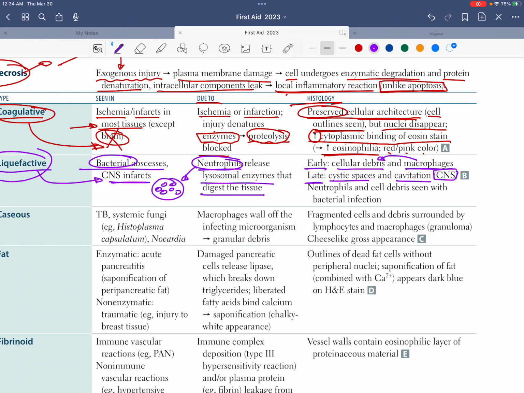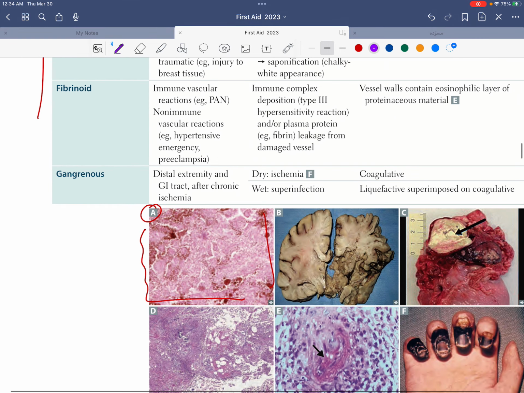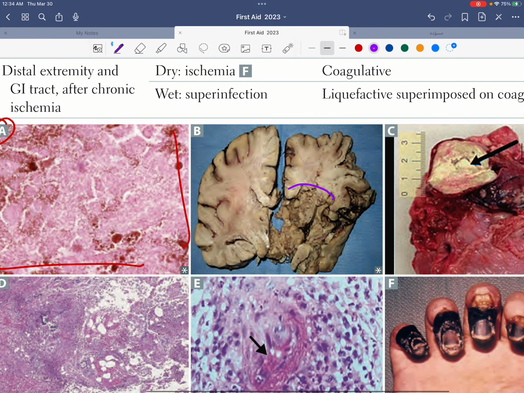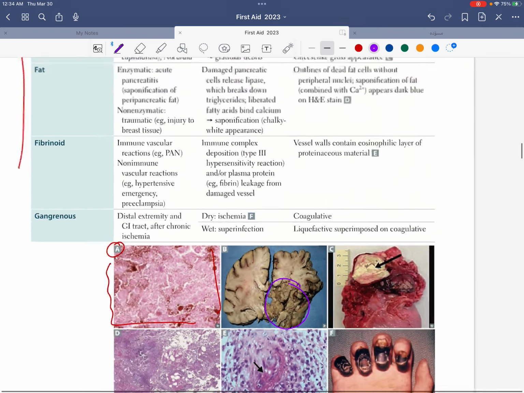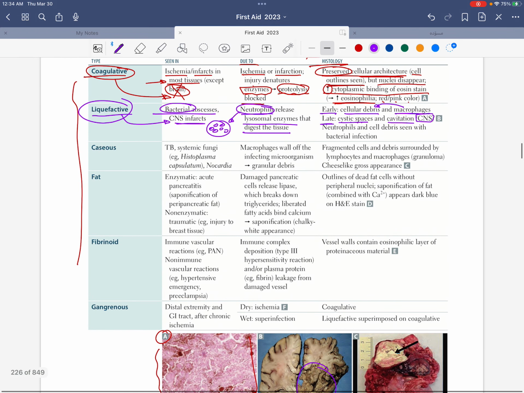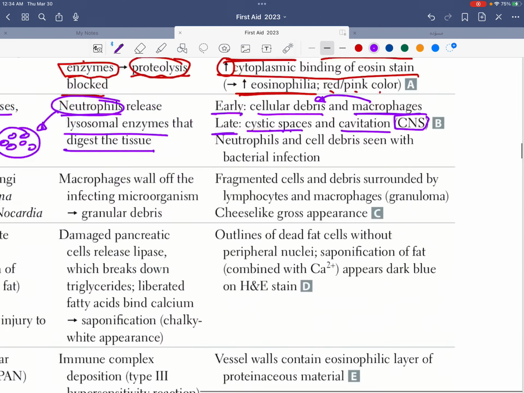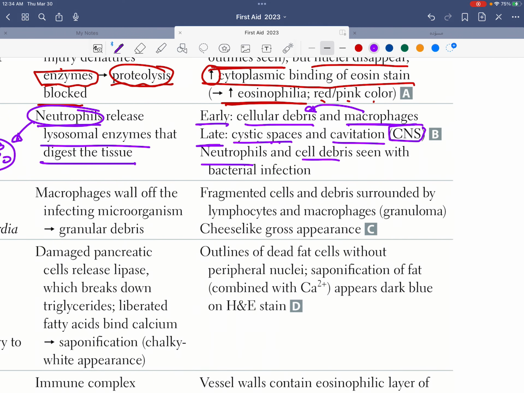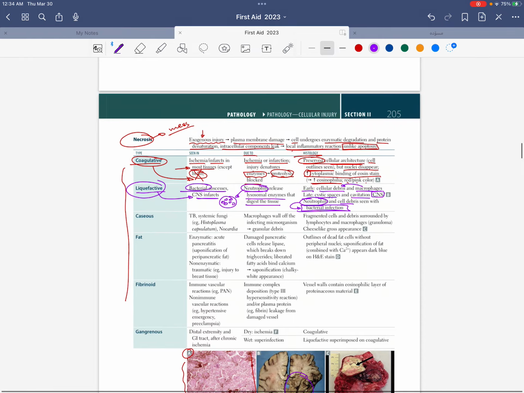So cystic spaces and cavitations in the CNS, and that's image B. And there you go, this is a cystic degradation or cystic space. One of the other things is neutrophils and cell debris seen with bacterial infection. As we said, this is due to bacterial infection. So neutrophils are really activated to a very high limit when there is a bacterial infection.